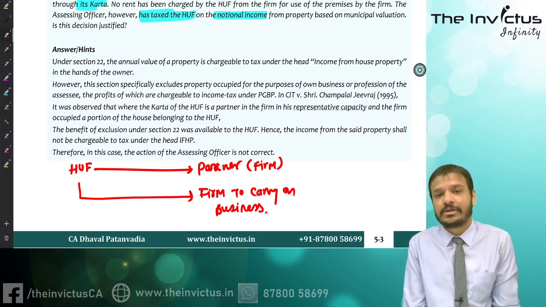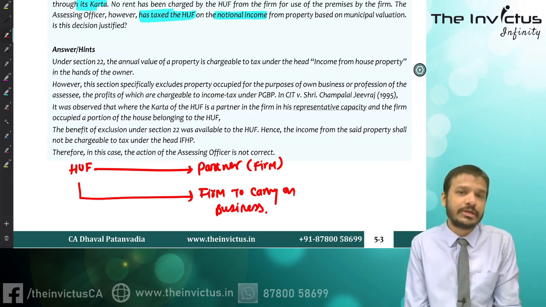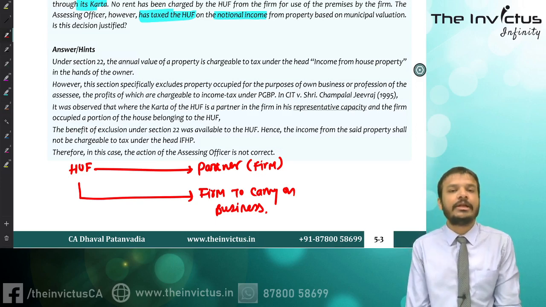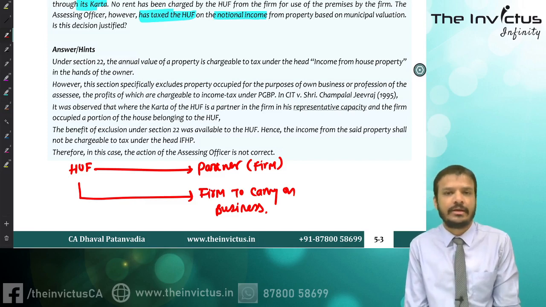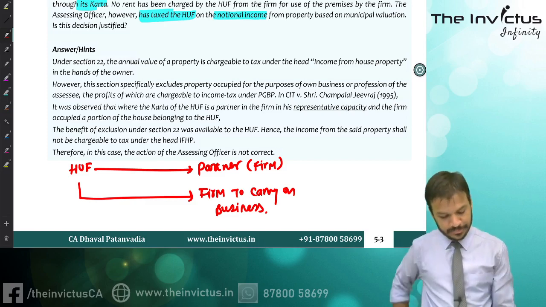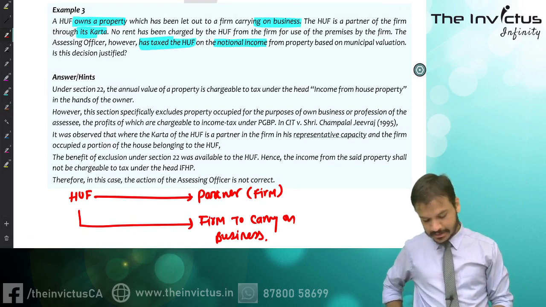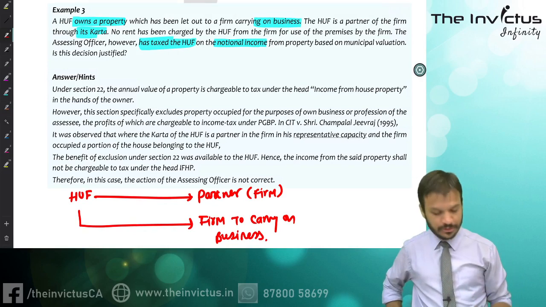As we have discussed in the first session, if the assessee is using the property for the purpose of carrying on its business, then it cannot be considered as a house property at all. Now see, under section 22, the annual value of the property is chargeable to tax under IFHP in the hands of the owner first.